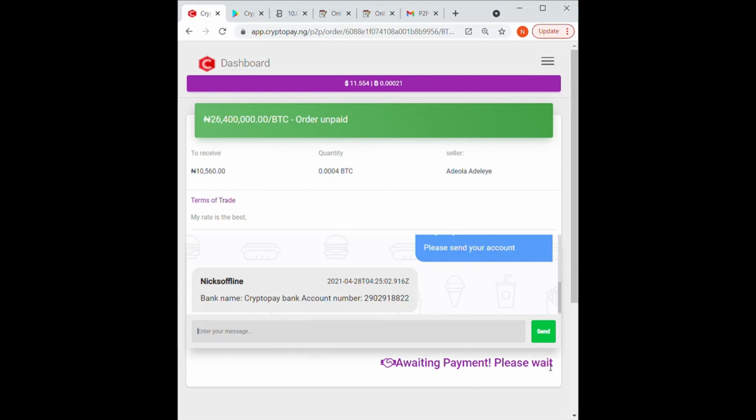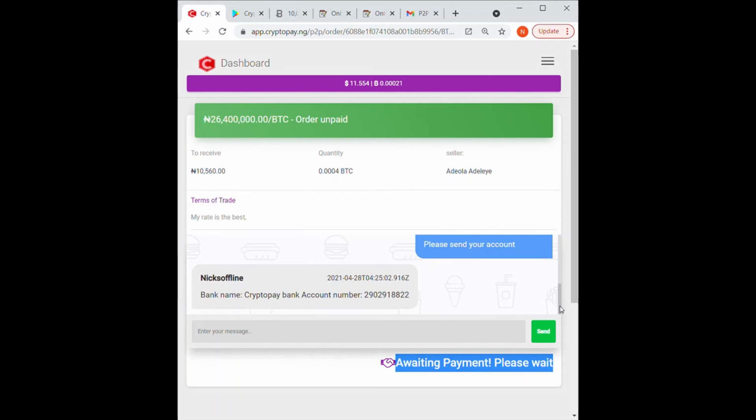As you can see here, it still says awaiting payments, which means that the person has not made payments. When the user makes payments on his own side of the app, the user is supposed to click on I have paid. When the user does that, this changes.